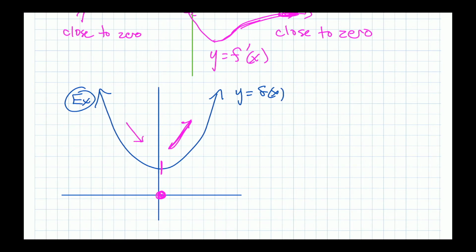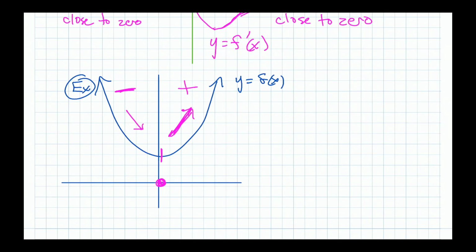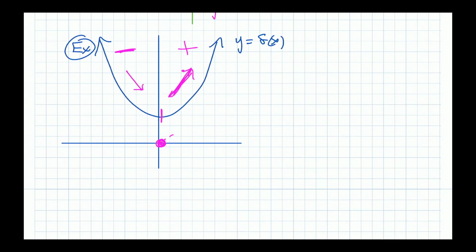Down and to the right, up and to the right. So that means over here, the slope should be positive, and over here, the slope is negative. So what's that look like? Just over here, it's positive and gets more positive, and over here, it's negative and gets more negative.